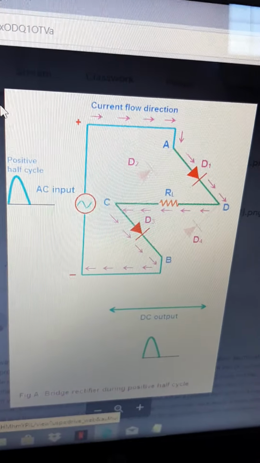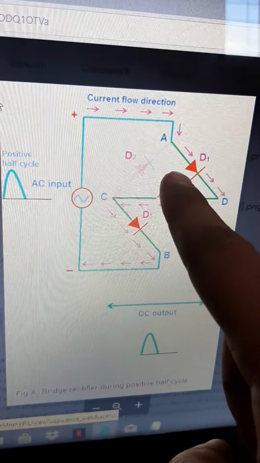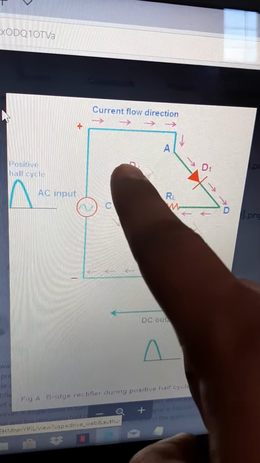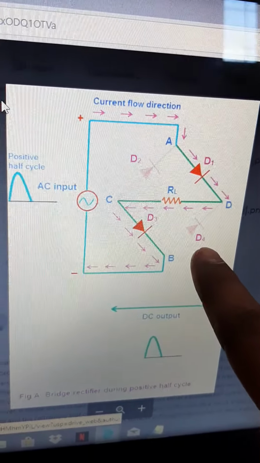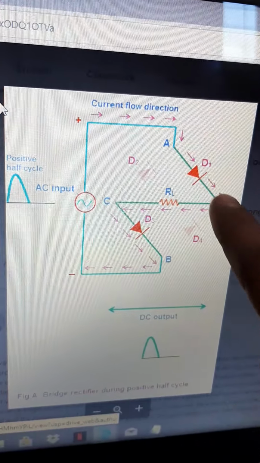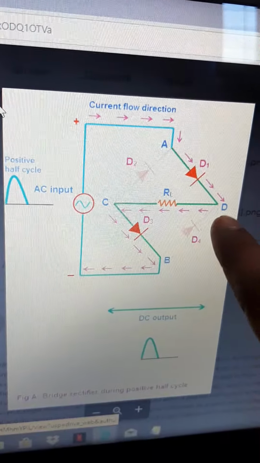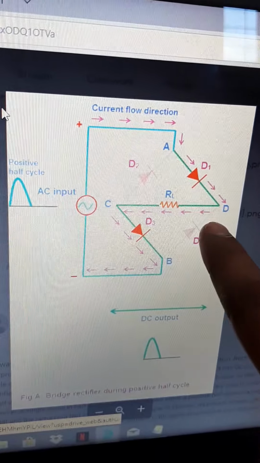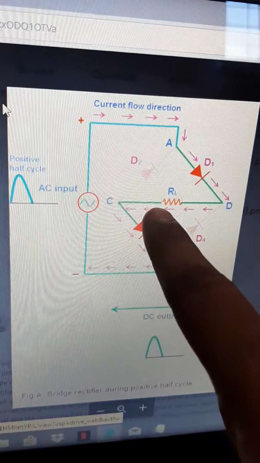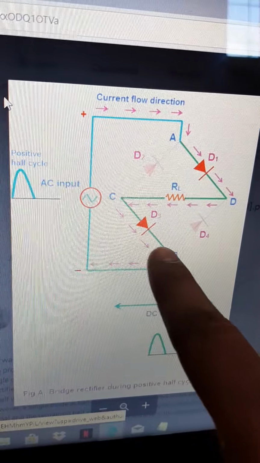So diodes D1 and D3 behave as a closed switch, and D2 and D4 behave as an open switch. So current flows through diode D1 and through load resistance RL in the direction right to left, and through diode D3.